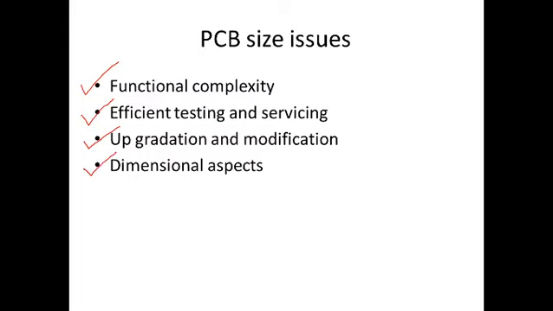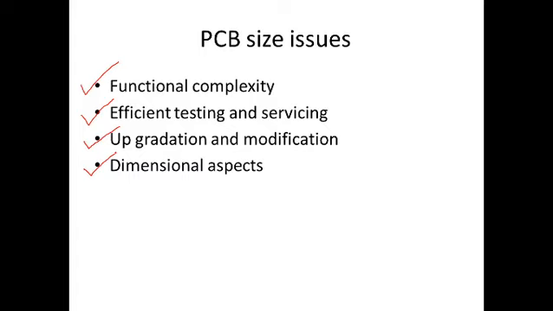So in case of the functional complexity, for the functional aspects, if more circuitry has to be realized on the PCB, the PCB size will be larger. Hence, more space is required for interconnections, which in turn increases the disturbances because longer interconnections are more susceptible to disturbances.